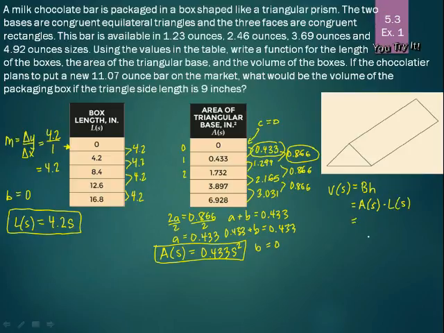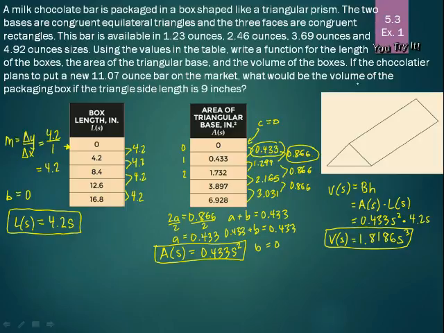Subbing in our formulas, for A of s we plug in 433 thousandths s squared, and for L of s it'll be multiplied by 4 and 2/10 s. Then 433 thousandths times 4 and 2/10 is 1 and 8,186 ten-thousandths, and s squared times s is s cubed. And so there's our volume formula.